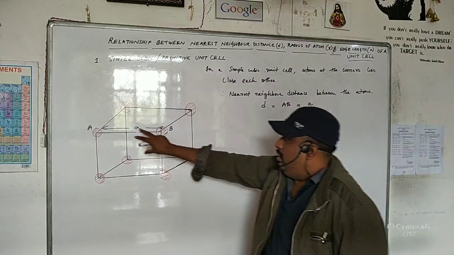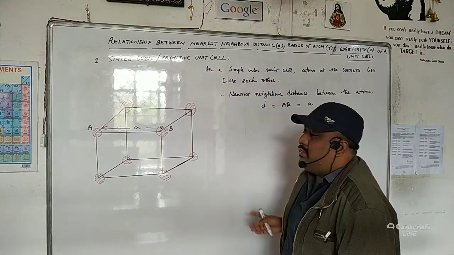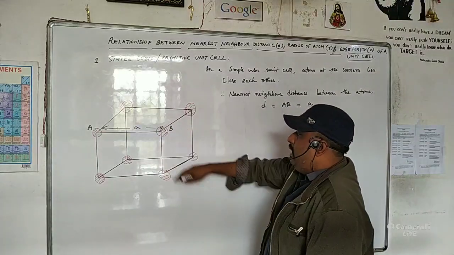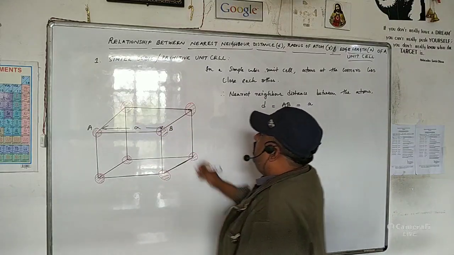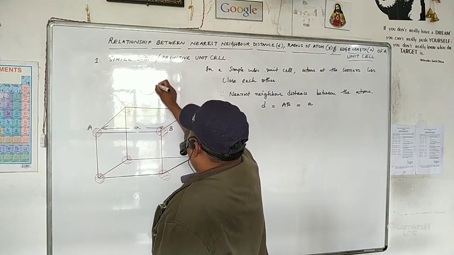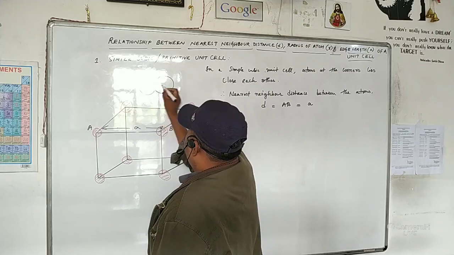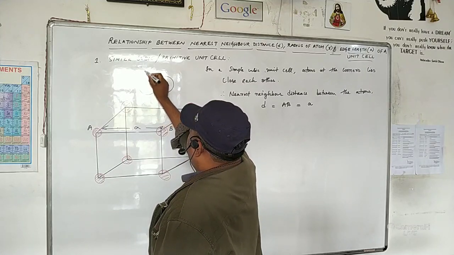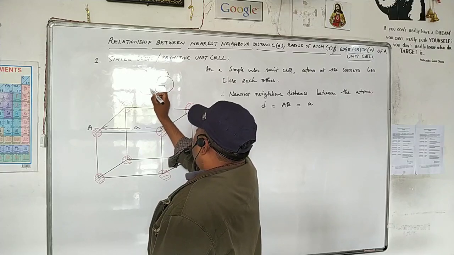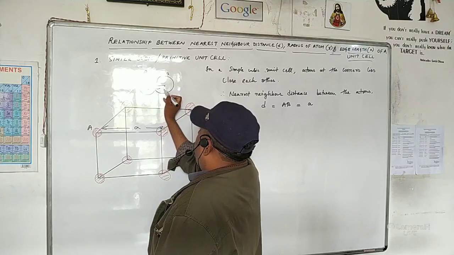Now I'll draw and make things more simplified here. Let us assume these 2 atoms are touching each other. This A and B are touching each other. How will it look? These are the centers of the atoms. This is atom A, this is atom B, they touch each other. Now this is a, the edge length.